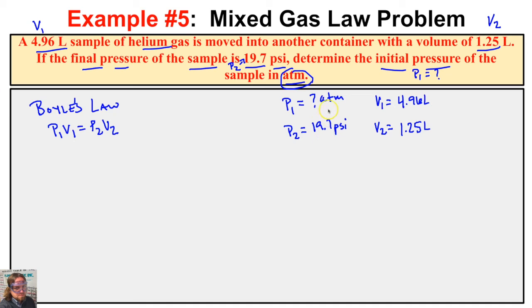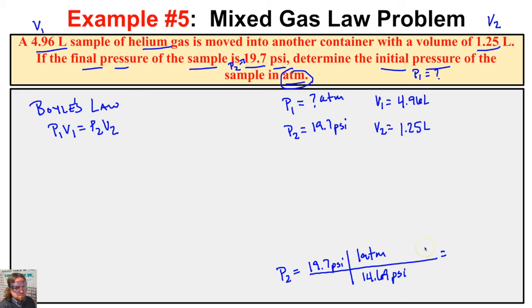So if we need to figure out the final pressure in atmospheres, we should probably first just go ahead and convert this right here to atmospheres. So how do we convert PSI to atmospheres? We have 19.7 PSI. We know that 1 atmosphere from an earlier video on pressure unit conversion is 14.69 psi.